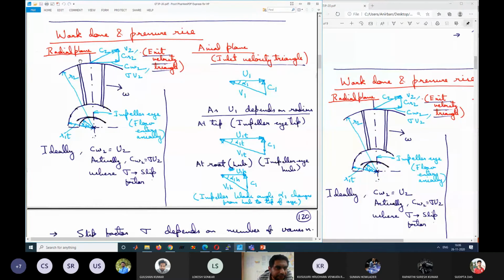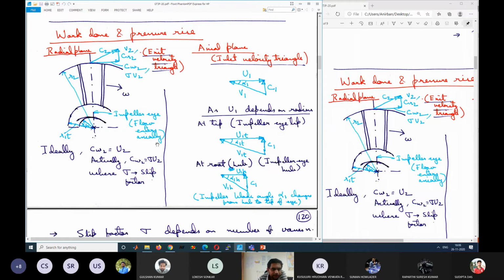Some of the fluid just bypasses and goes outside at the tip of this impeller, and goes towards the other side. This is known as the slip. Because of this, some slight reduction in velocity occurs. So the main point is that CW2 ideally should have been equal to U2, but in the actual case it is less than U2. Is this clear to everyone?